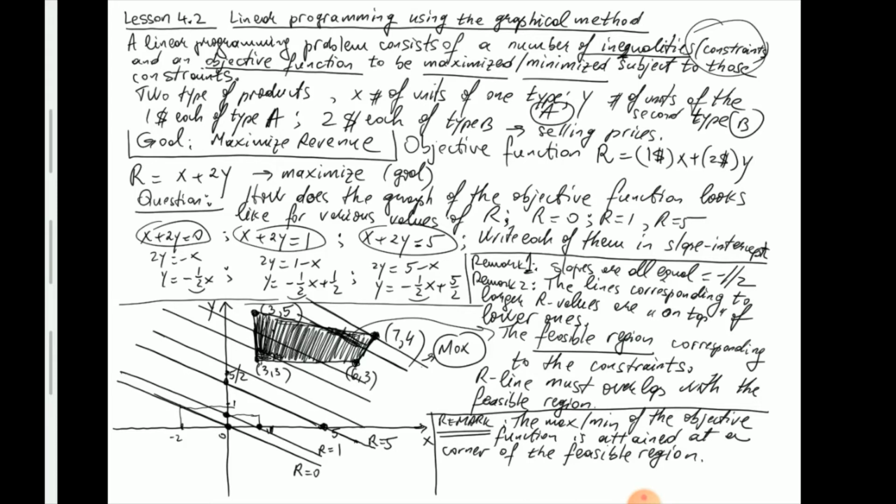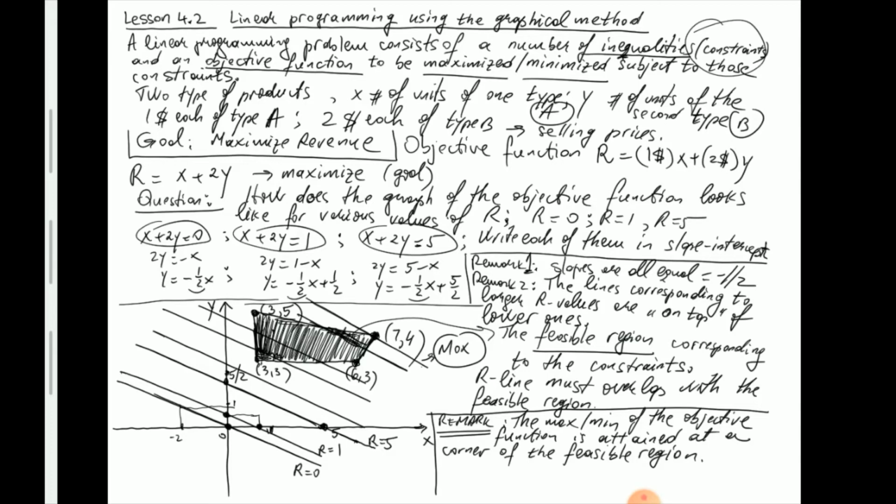It is always a corner. And the good news, you will see that you don't even actually need to guess what that corner is, like we managed to do here, all you have to do is basically evaluate the objective function at each corner and just pick the minimum or the maximum.